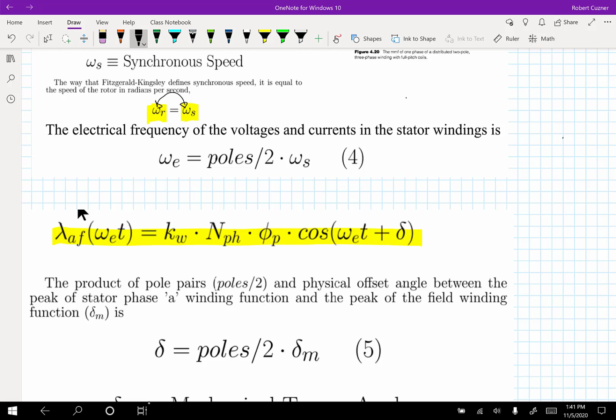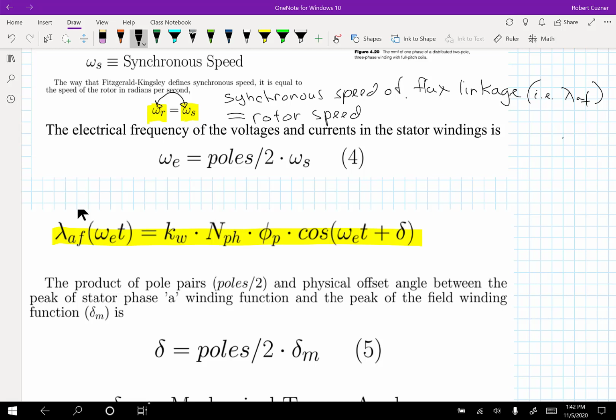Or in other words, the synchronous speed of the flux linkage, i.e. lambda AF, is exactly equal to the rotor speed. That is what makes this a synchronous machine.